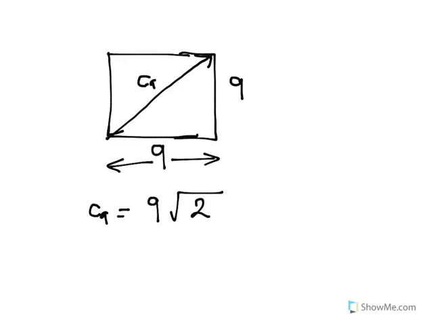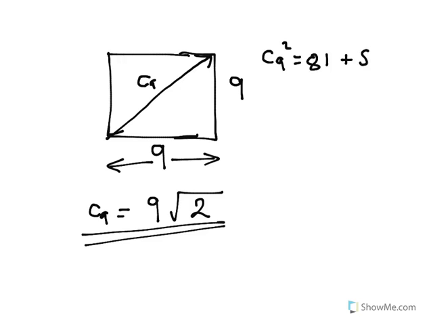Okay, let's prove to ourselves that it is, because now we understand what happens with squares. To get the length of the diagonal in a square, we take the length of the side and multiply it by root 2. 9 squared is 81. So c9 squared is going to be the same as 81 plus 81, which is the same as 81 times 2.